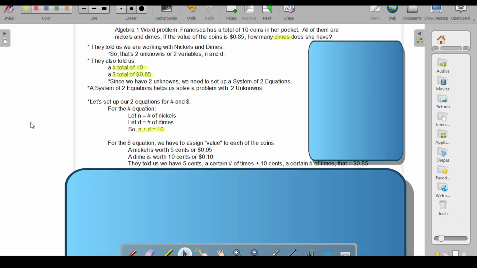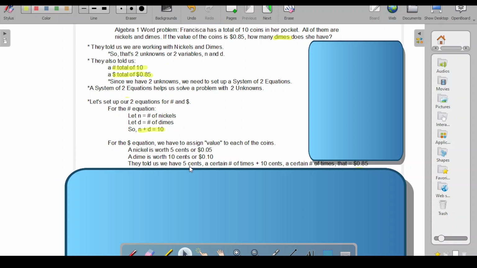So they told us we have 5 cents a certain number of times, plus 10 cents a certain number of times, that equal 85 cents altogether. So that's basically what they told us.